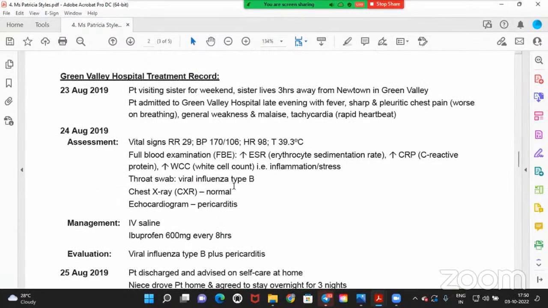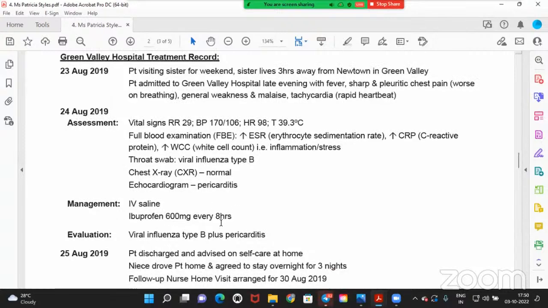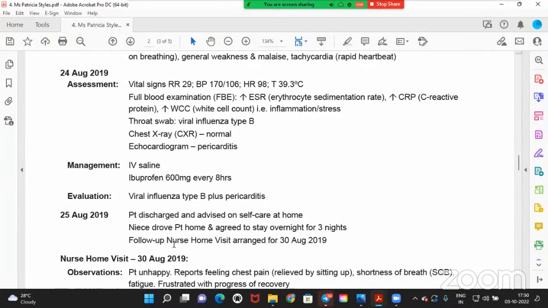Yeah, here it is. Patient discharged. Okay. Follow-up nurse home visit arranged for 30 August 2019.